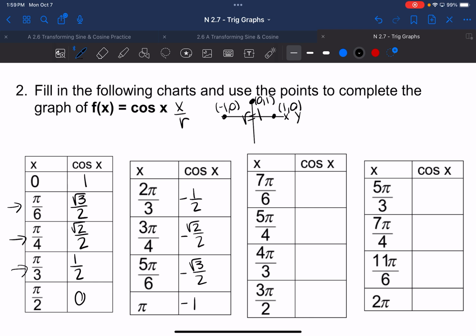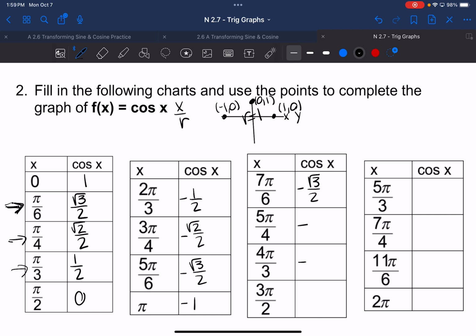Okay. Next table, 7 pi 6, 5 pi 4, 4 pi thirds. Which quadrant is that? 3. And in quadrant 3, is cosine positive or negative? Negative, right. So these are all going to be negative values as well. Okay. 7 pi 6, got a 6 in the denominator, so that should be this ratio over here. Very good.